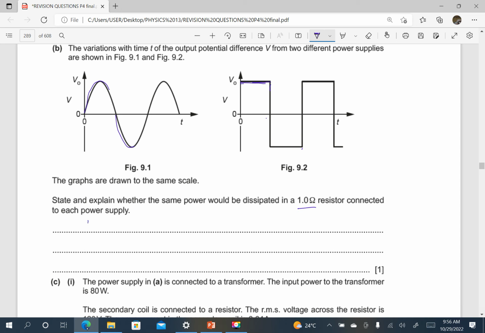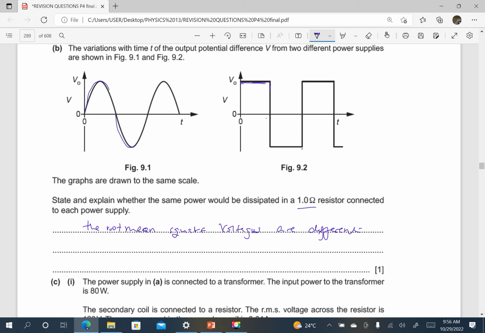So we are saying the root mean square voltages are different.